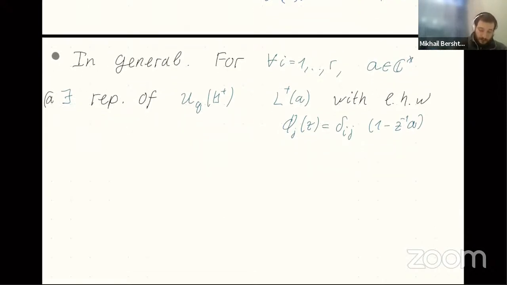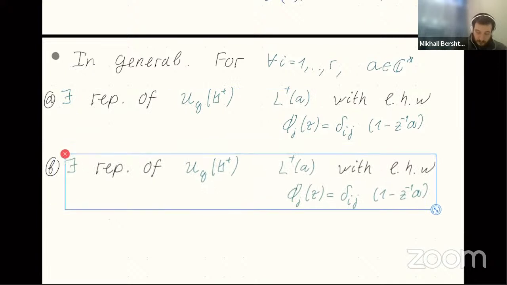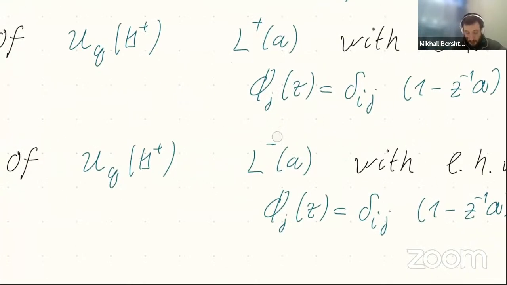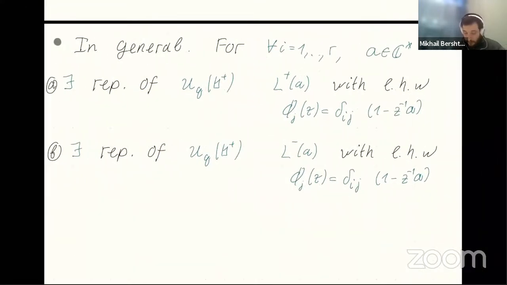This is, let me say, A. Let me say B, and B is the same, but I write here minus, and here minus 1. So when I said this has the simplest form, actually there are two choices.